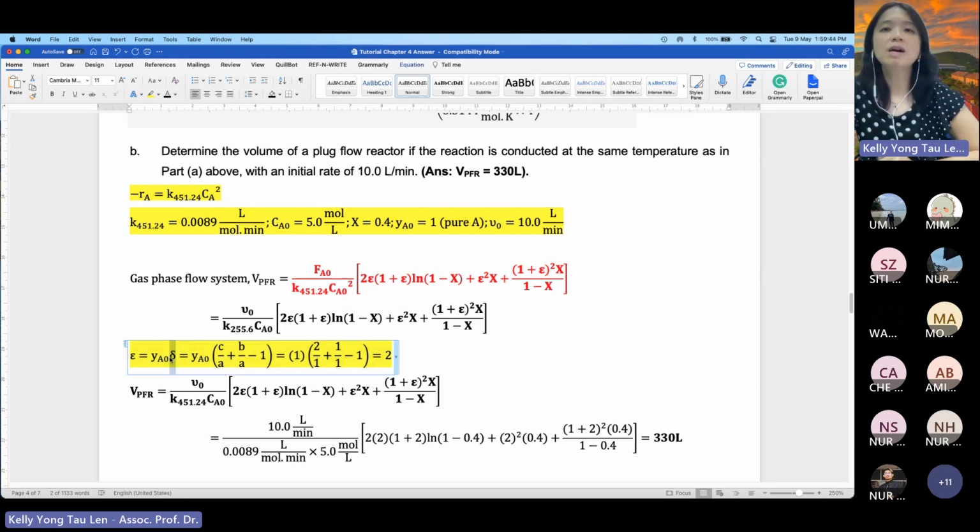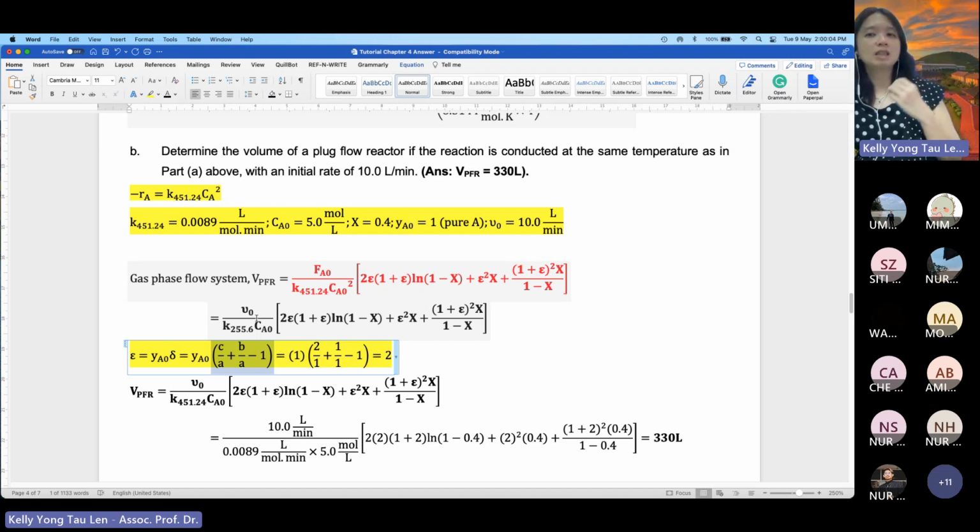Sigma. So kalau kamu ingat, sigma equation is not provided to you. Sigma tu satu lagi equation. Equation untuk sigma ni tak diberi kerana equation ni tak fix. Remember I told you, sigma adalah sebenarnya mencari the ratio of the stoichiometric coefficient. Tetapi ratio ni ada positif atau negatif bergantung kepada adakah dia reactant atau dia product.